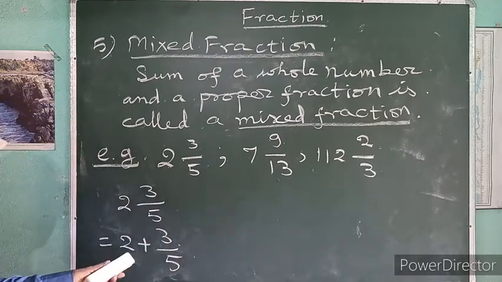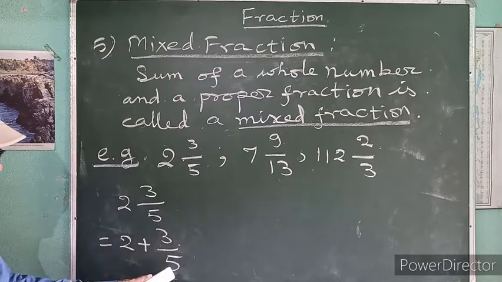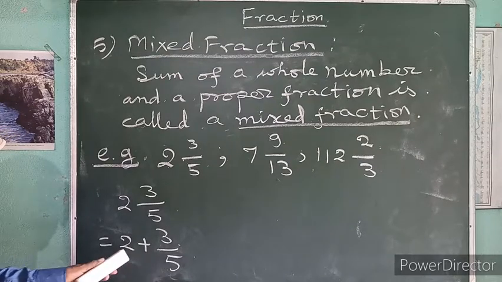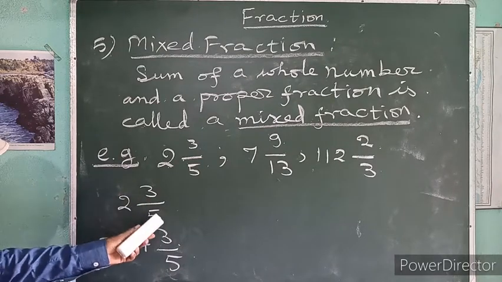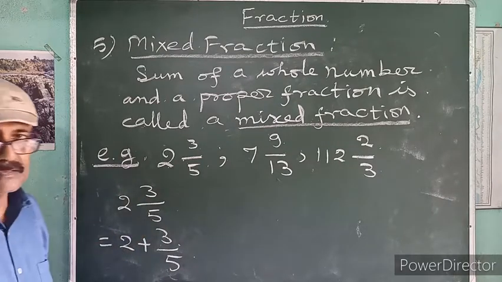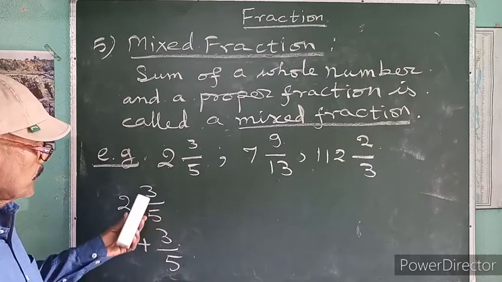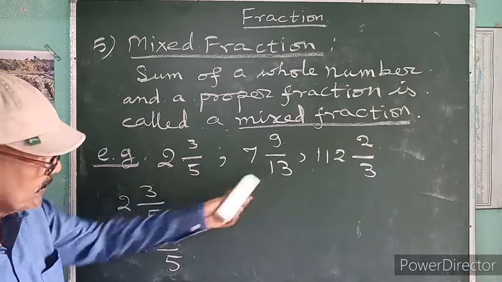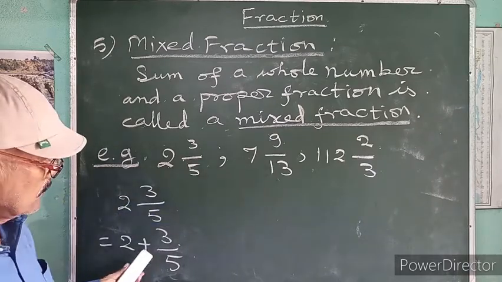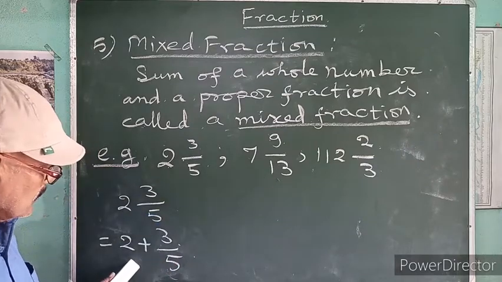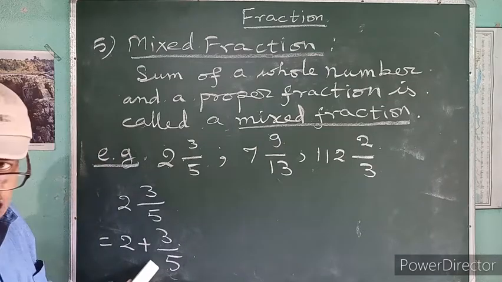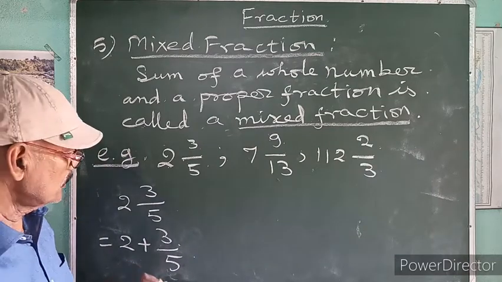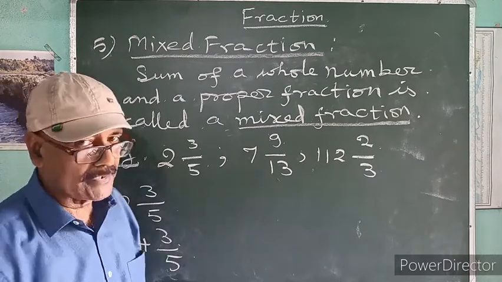So this is a whole number and this is a proper fraction. If you add this, you will get 2 whole 3 by 5. This is a mixed fraction. This is also a mixed fraction. That's all about the mixed fraction.